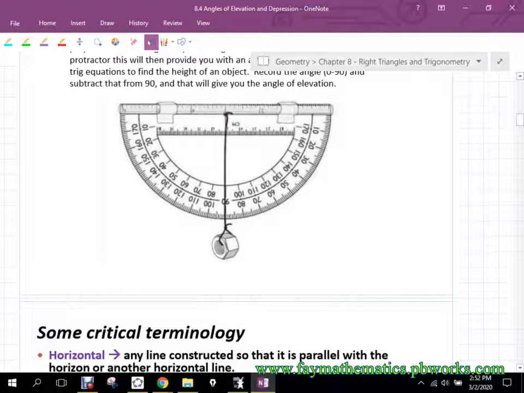Let's say I don't want to view my cursor up there in the top right-hand side of my screen. I would have to rotate that protractor so that I could see my cursor through that straw. Does that make sense? Well, when I rotate that, that weight is still going to be hanging straight down.